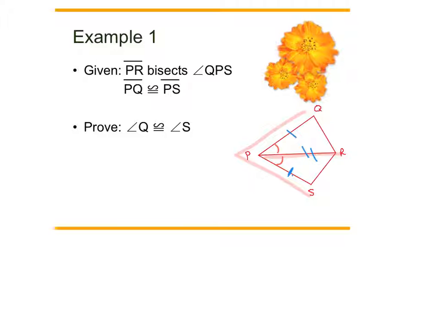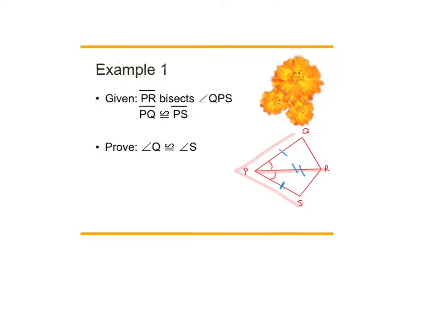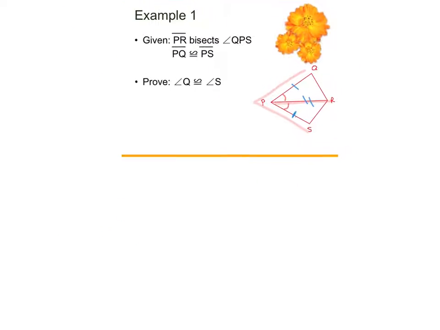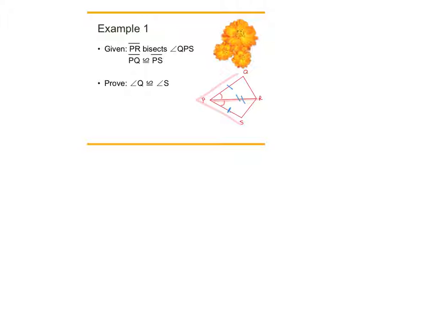So now we're going to set up this proof, and let's go through this. We're going to use side angle side and fill this in. Make it a little smaller, and I'm going to start with statements and reasons.